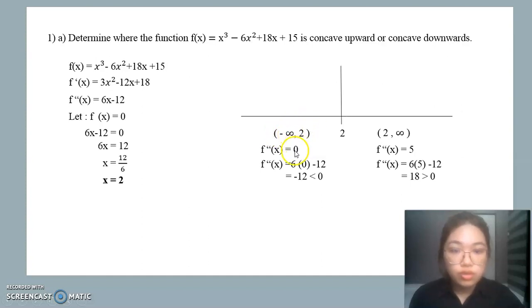So I will choose 0, and then we substitute this number into the second derivative equation and find the answer. For the other interval, we choose 5, and for the same step, we get the answer again.